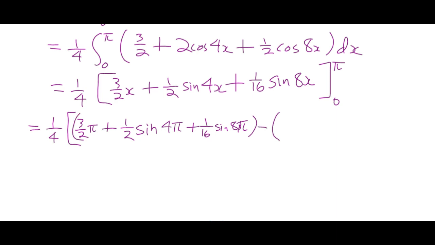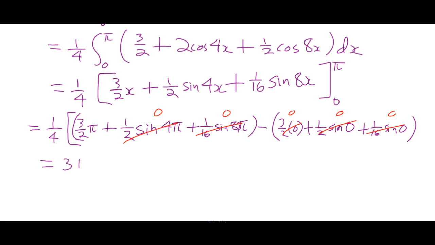Minus 3/2 times 0 plus 1/2 sine 0 plus 1/16 sine 0. And we can go through this and just say, that's a 0, that's a 0, that's a 0, that's a 0, that's a 0. So what do we got, really? Just 3/8 pi. Or 3 pi over 8.